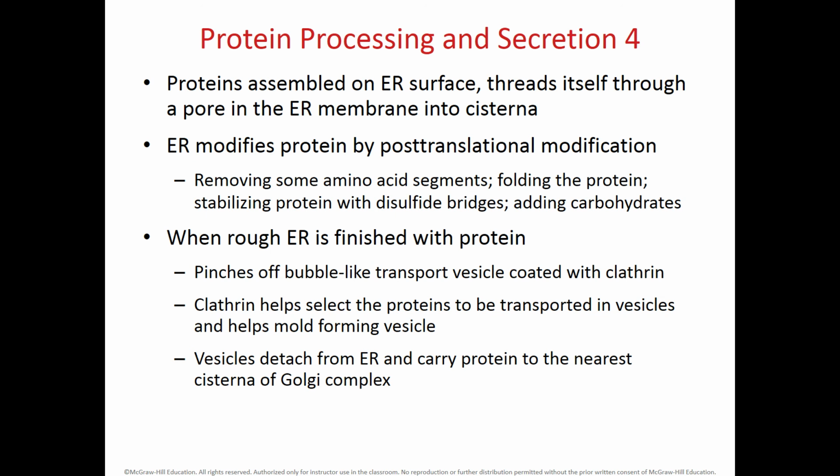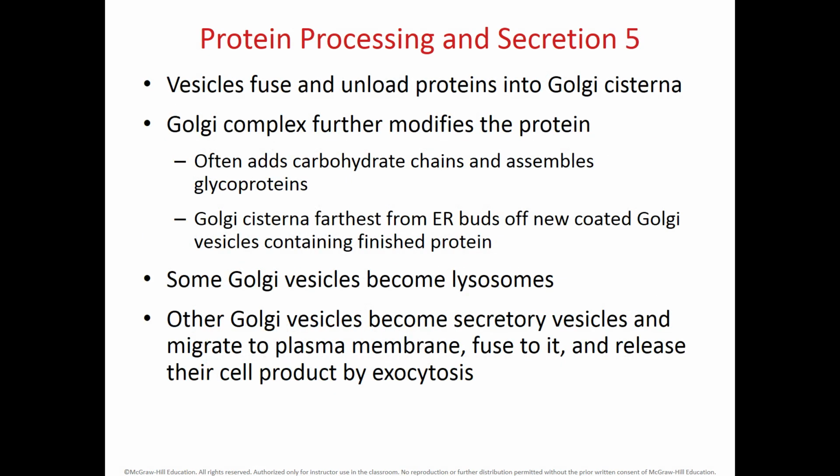And when the rough ER is finished with the proteins, it will pinch off a bubble coated with clathrin protein, which helps form a little vesicle that detaches from the ER and carries the protein into the Golgi apparatus.